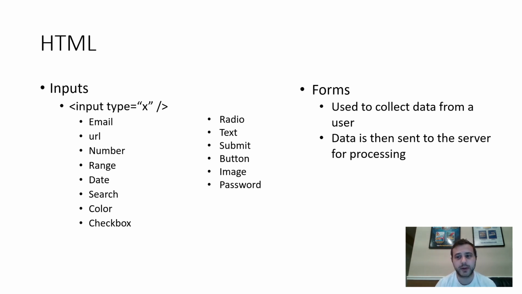And then the button type is a button that doesn't submit anything to the server, but you can click it and you can create interactions with it using JavaScript. So that's very nice if you're trying to not submit a form. And the input type of image is used to display images. So it's very similar to the image tag that I showed previously, except that it allows a few more attributes.